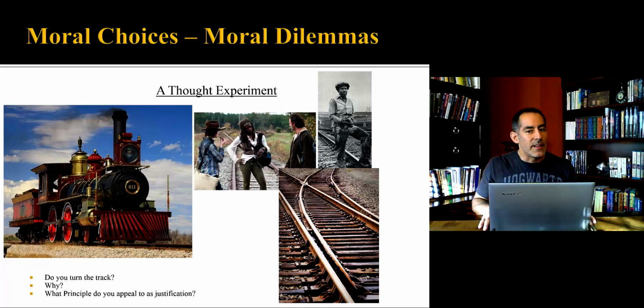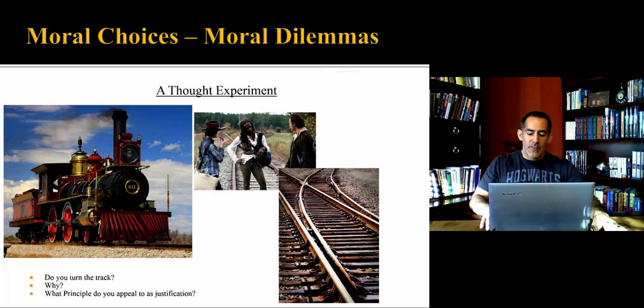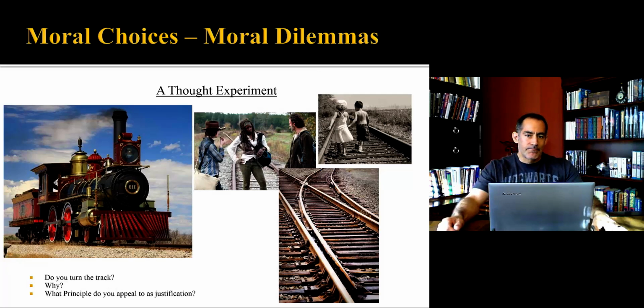Let's modify it slightly. Okay, so let's just stick with that principle right now. If I change the track, fewer people will be hurt. Would it matter to you if this was the scenario? If you're consistent and you're employing the same principle, then you say, yes, it's still fewer people on the other track, but does it make a difference to you now that you see those 2 people are little children?